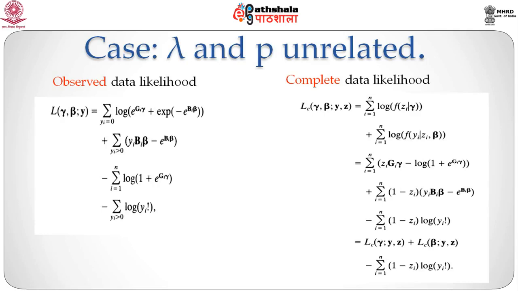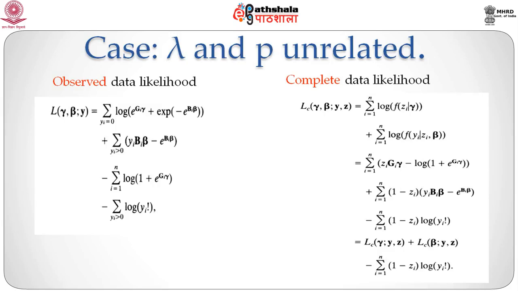But suppose we knew which zeros came because the setup was in the perfect state, and we knew which zeros came because it was in an imperfect state. That is, we know which zeros come from the Poisson distribution.